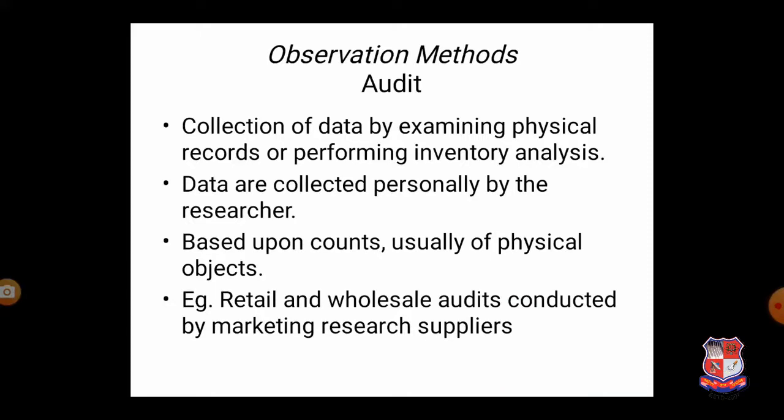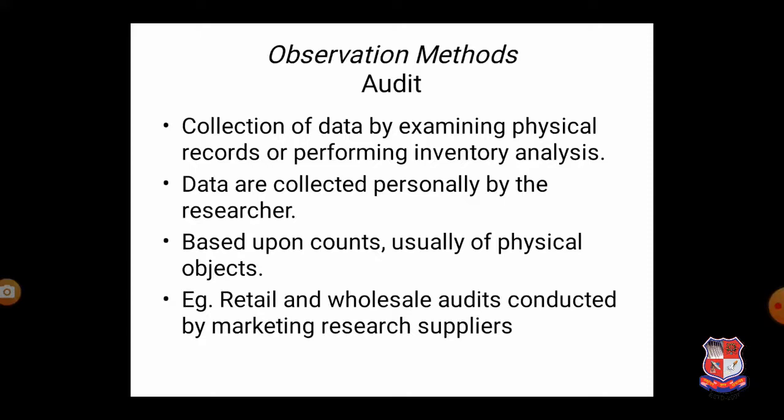Further, we are going to move towards the audit method. If we talk about the audit method, it is the collection of data by examining physical records or performing inventory analysis. We are all aware of the financial audit, where we are verifying things. The meaning of audit in layman's terms is verifying things.